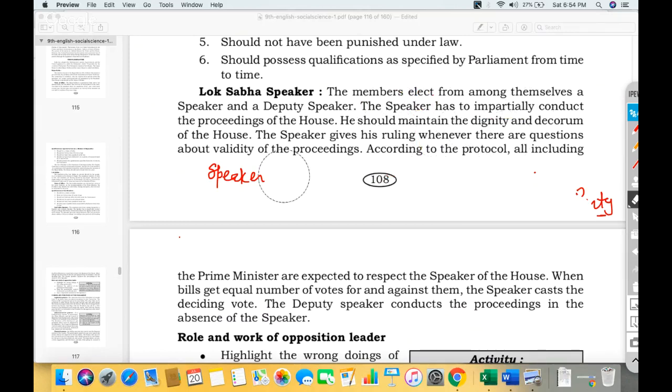He should maintain dignity and decorum of the house. The speaker gives his ruling whenever there are questions about the validity of the proceedings. What do you mean by these lines? If somebody is questioning that the proceeding is not as per the law, the speaker will decide whether it is happening or not.